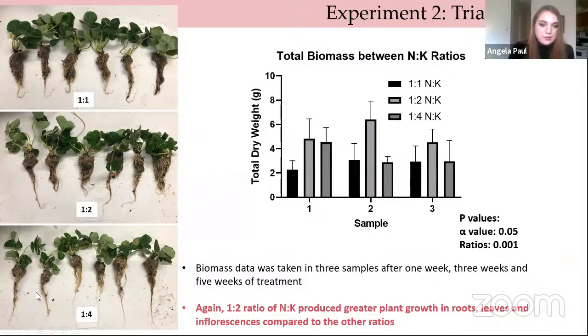You can see that the 1:4 are a lot smaller with less root development. And then 1:1 is about standard. And then 1:2, the roots may look a bit smaller, but there's a lot more leaf growth and stolon growth and also inflorescence growth. It's a bit hard to tell, but there were a lot more flower stalks within this treatment group compared to the 1:1 and 1:4.